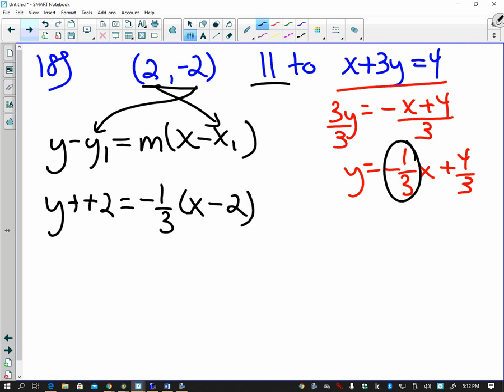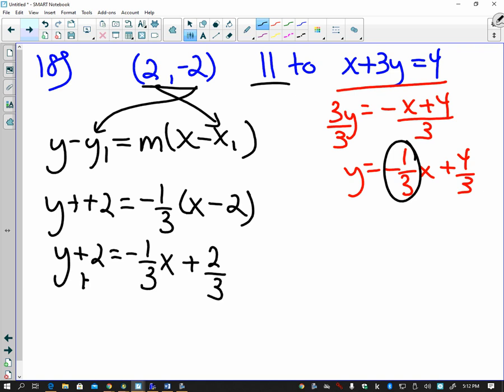We can go ahead and consider that plus: y plus 2, distribute the -1/3. -1/3 times 2 would be the same as -1 times -2, which would be +2, which would be +2/3.